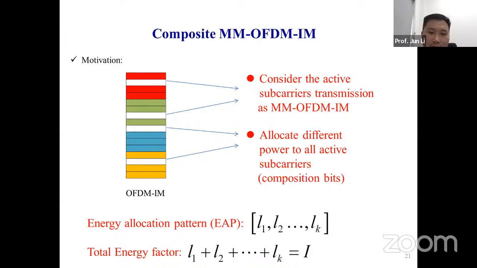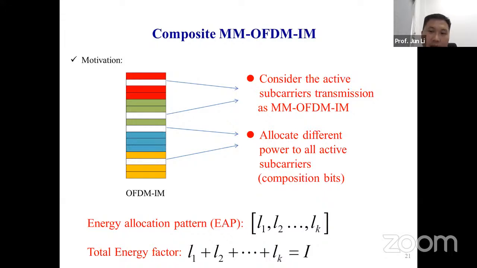Okay, the motivation of the composite multiple mode IM is that in the OFDM-IM, not all subcarriers are active. In the multiple mode IM, all subcarriers are active.